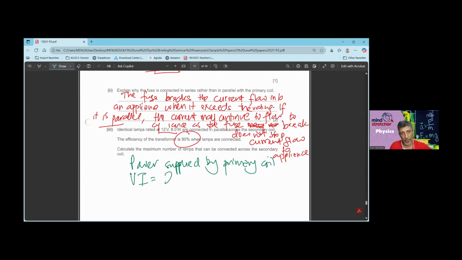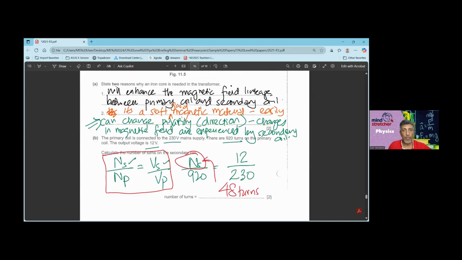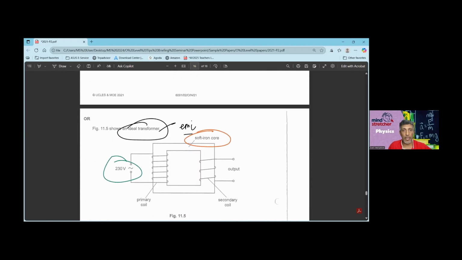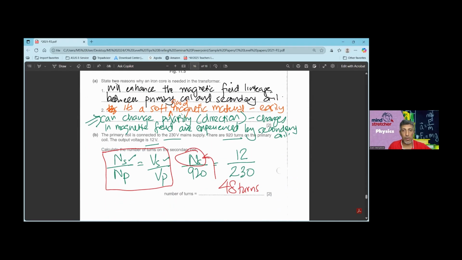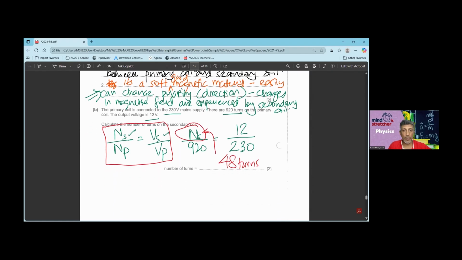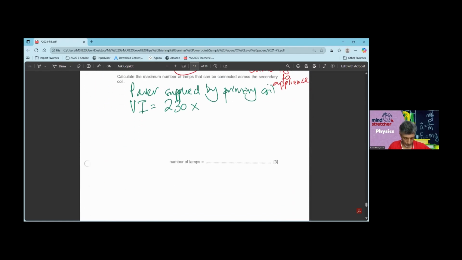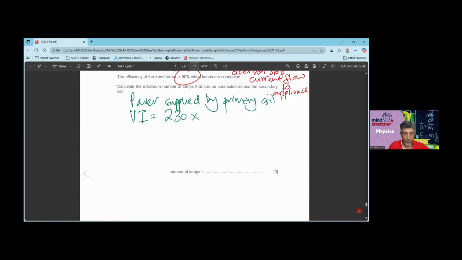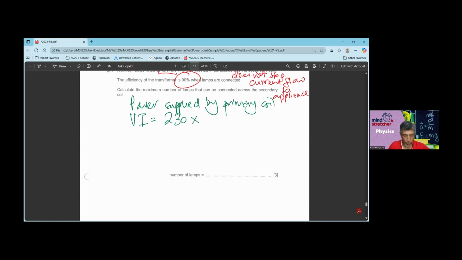V times I, 230 times the current in the primary. It's 46 watt.